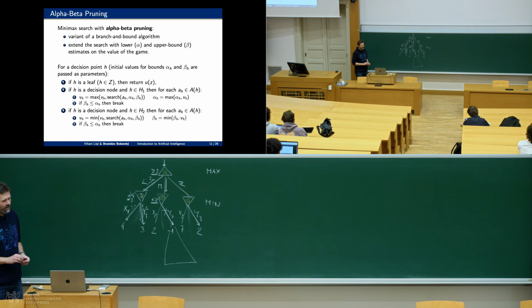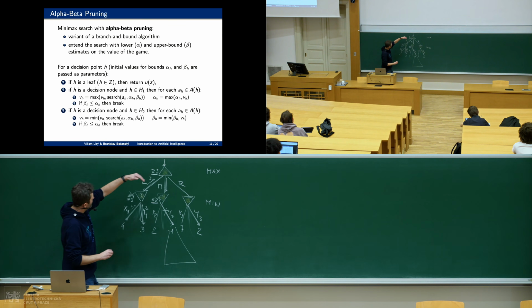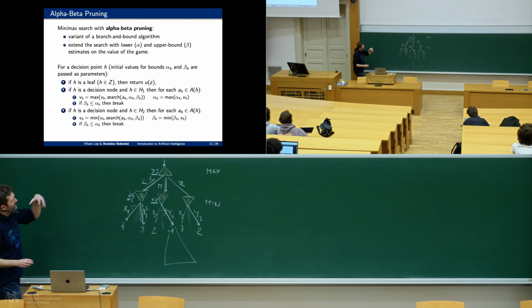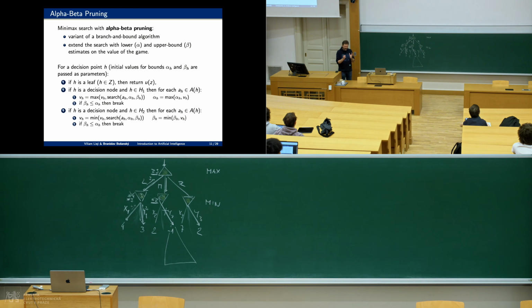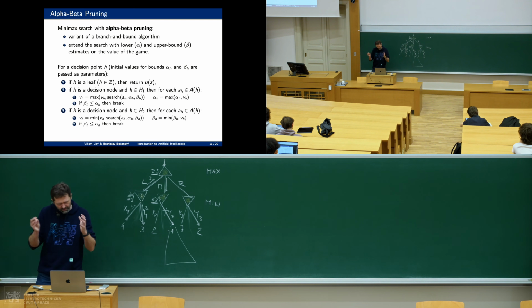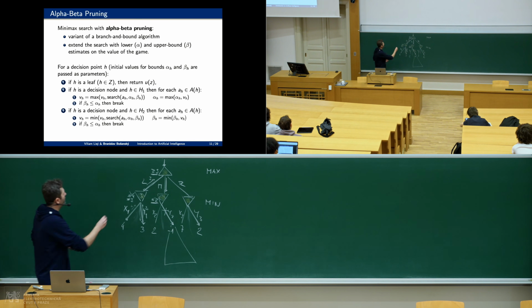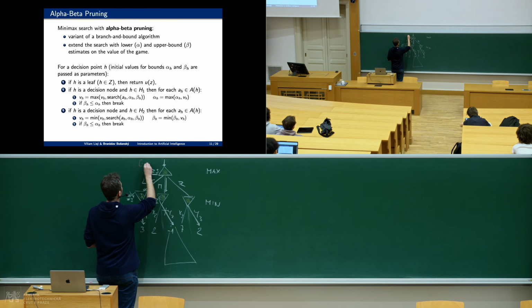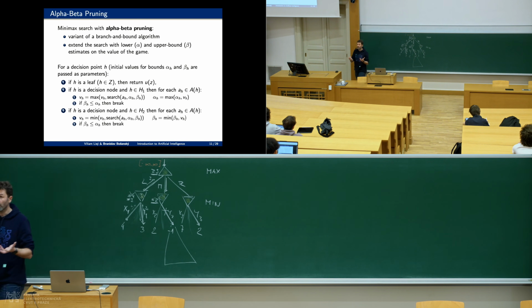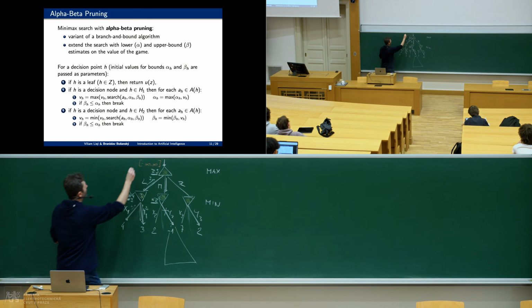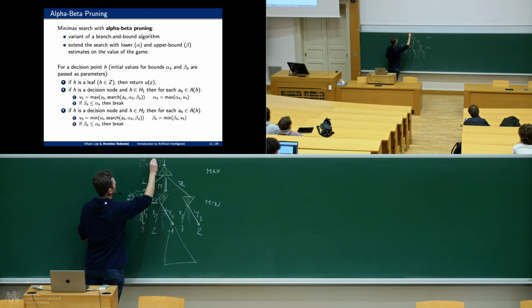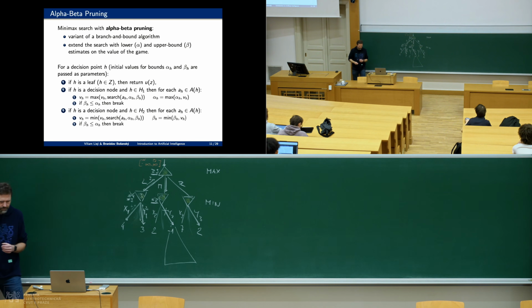And for basically all the nodes, we have these bounds, and these bounds represent the interval where we are going to search for the value of that particular subtree. So we start with minus infinity plus infinity, because at the beginning we don't know anything, right? And minus infinity is alpha, plus infinity is beta.